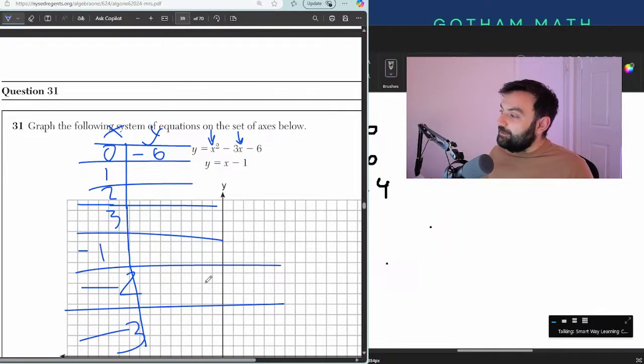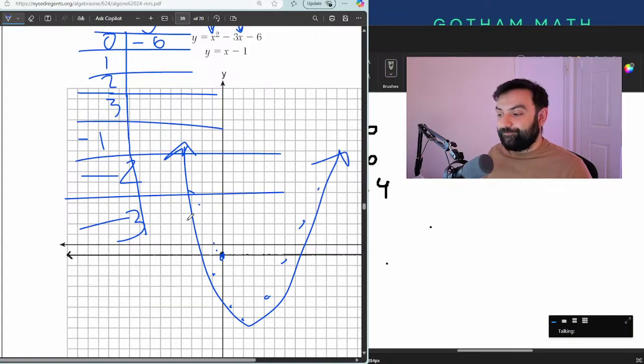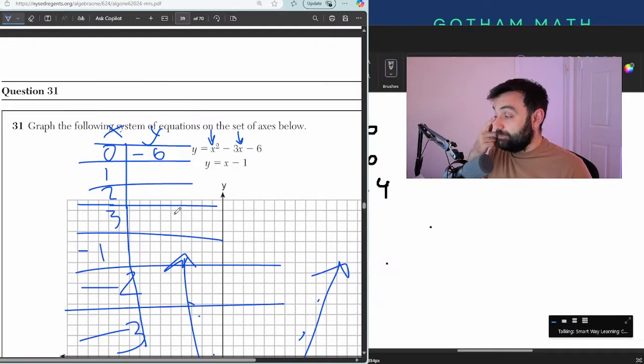You don't have to think about it. You will see the points. The points will appear in a certain pattern, and you just connect that pattern, and that would be enough. That's how I used to do it, when I didn't know how to do the vertex or anything. I just plugged in, got the answer, and kept plugging in until I had the whole picture. Yeah. All right.